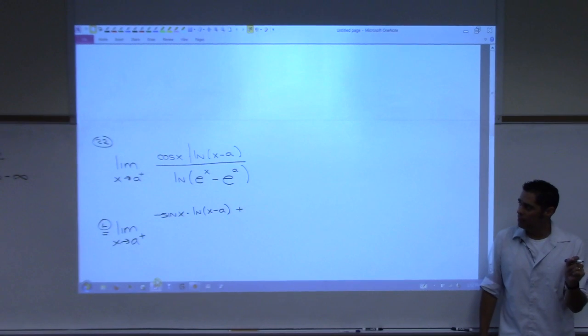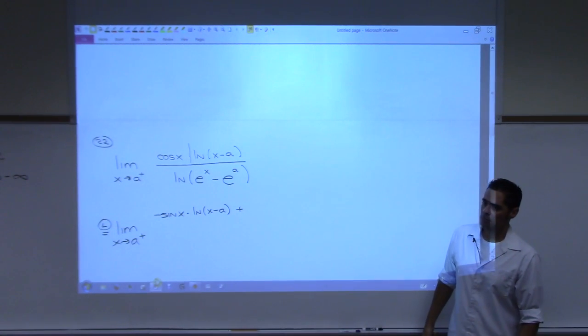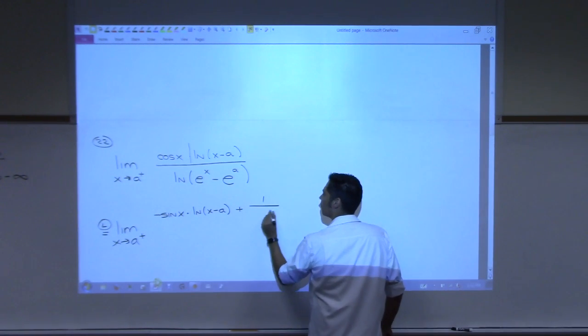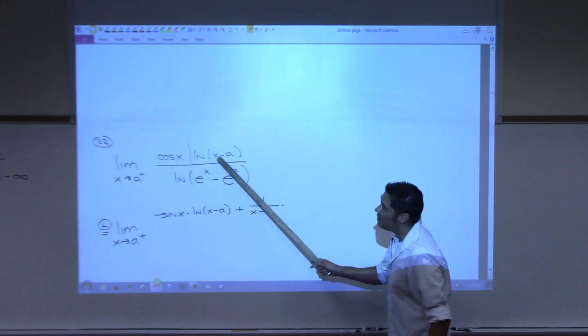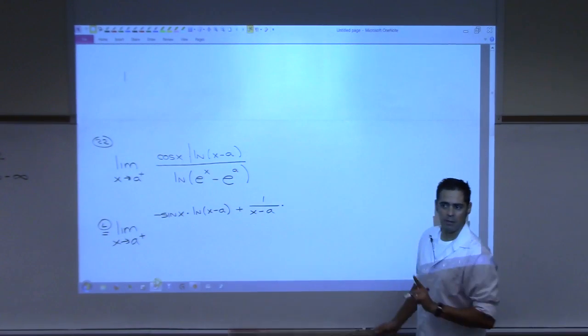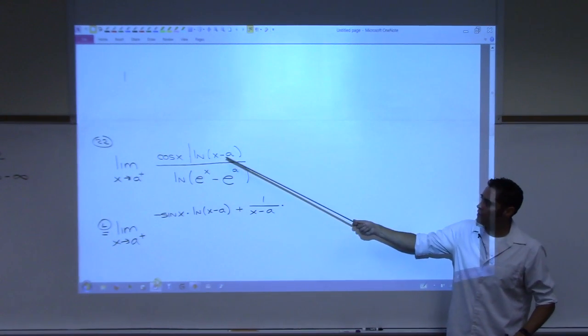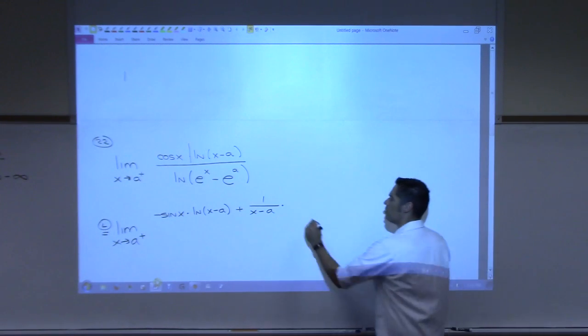What is the derivative of natural log of something? 1 over that something, times the derivative of what's in here, which is just 1. Because the derivative of x is 1, and the derivative of a is 0. And then finish off the product rule, cosine x.